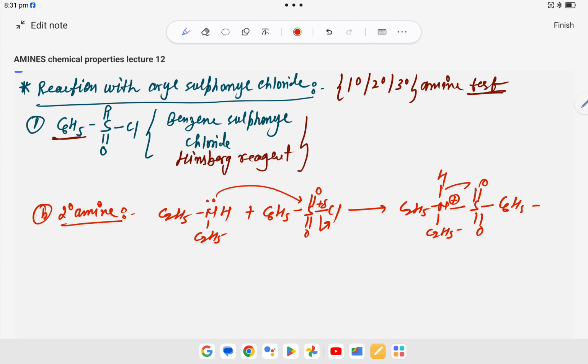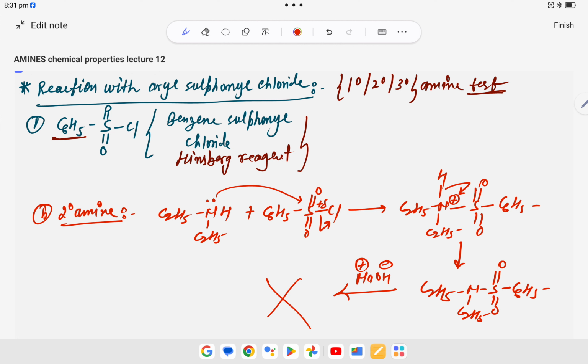The hydrogen is lost and the positive charge vanishes, giving C2H5 N C2H5 SO2 C6H5. Now if it reacts with NaOH, there is no acidic hydrogen present, so it is not soluble.